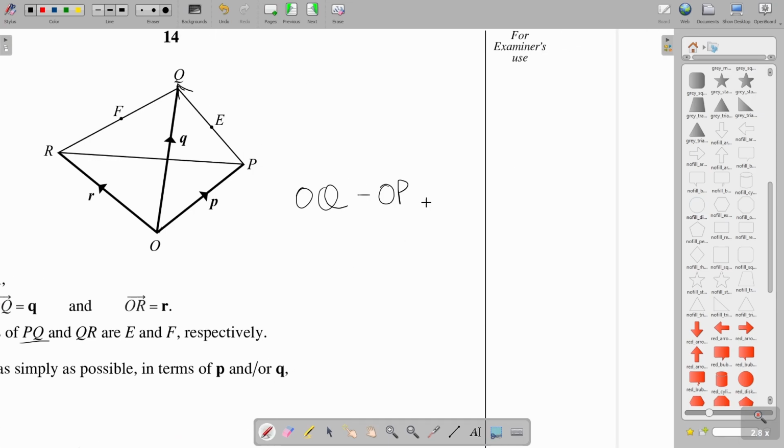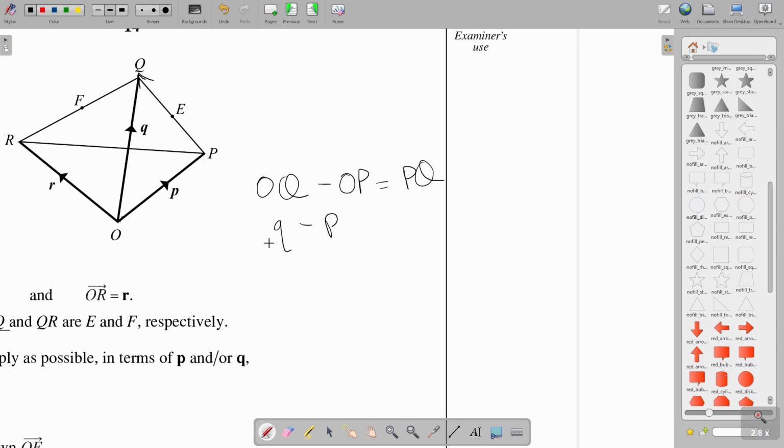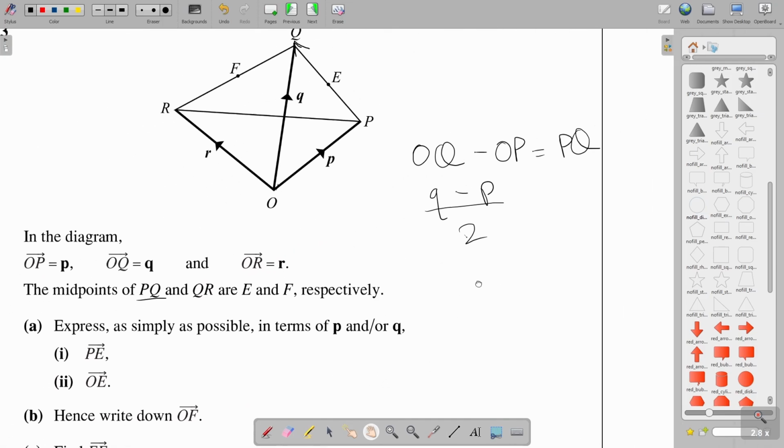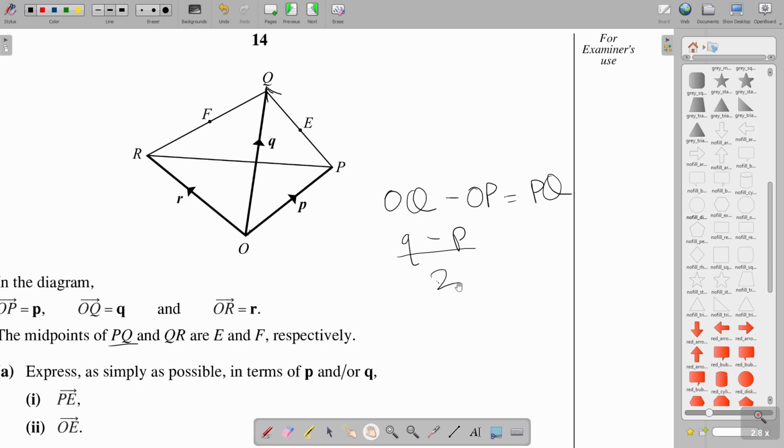So this will give us PQ, right? So this is just Q, this is just P, and then half of that should give us PE.